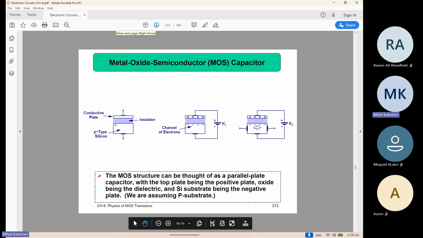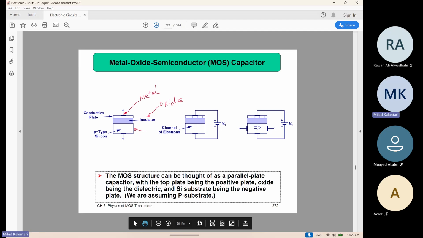Basically, you have a semiconductor or substrate here. You have some insulator, which is this oxide, silicon oxide is an insulator, and you have another metal on the other side of this insulator, right?